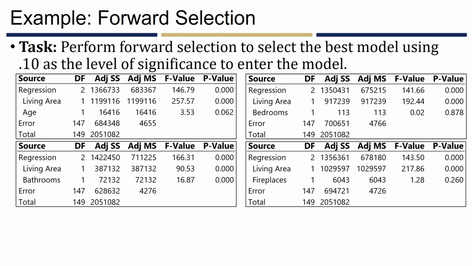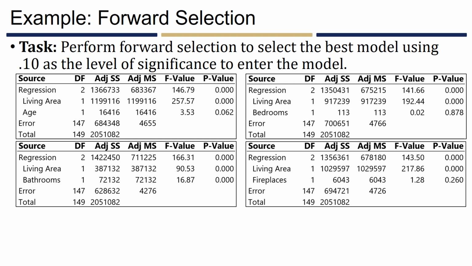Now, step 2 in the model selection process is to add each of the other 4 predictors into the model with living area to see what the p-value is for each of these other 4 predictors, given that living area is already in the model. So the output in the top left puts age into the model as our next contender after living area.